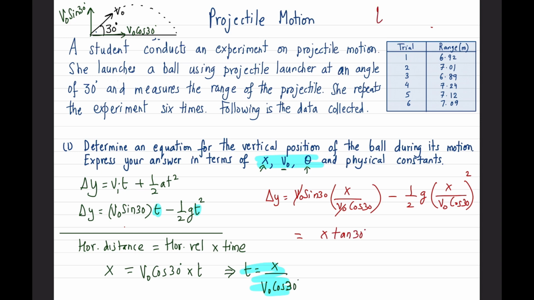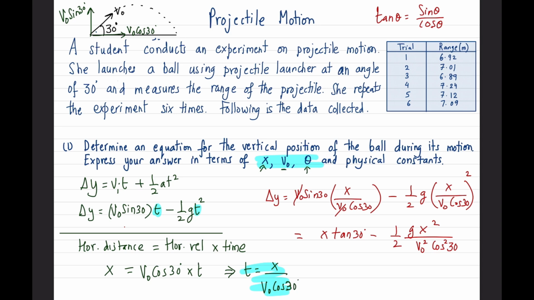Just to recall again, tan theta is sine theta over cosine theta. So I have here sine 30 over cosine 30, which I can write as tan 30, minus half g, and I'll open the bracket for the square, so x square over v0 square and cosine square 30.